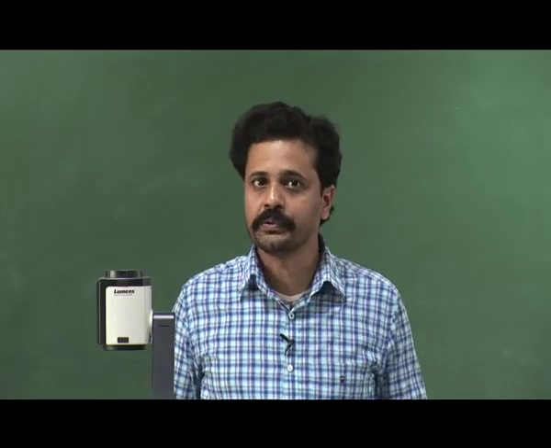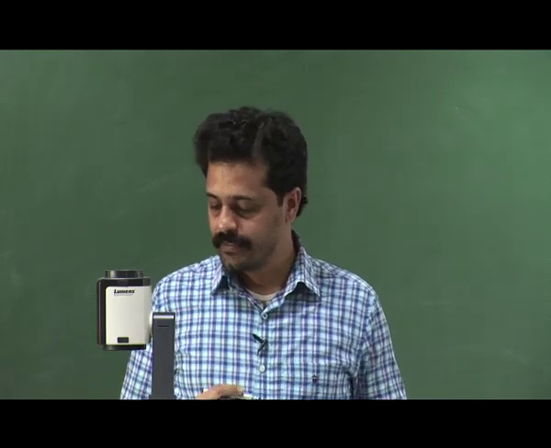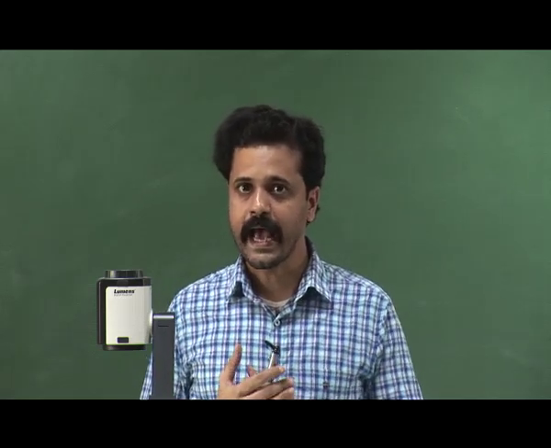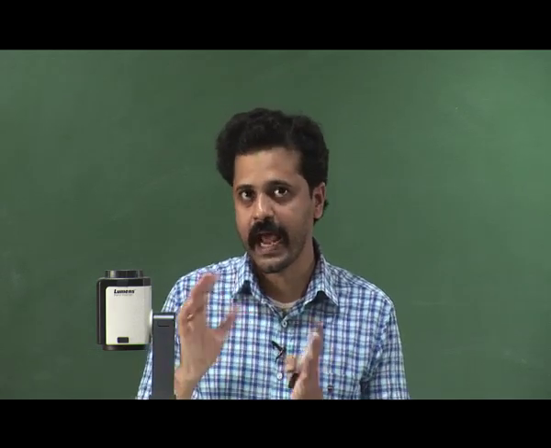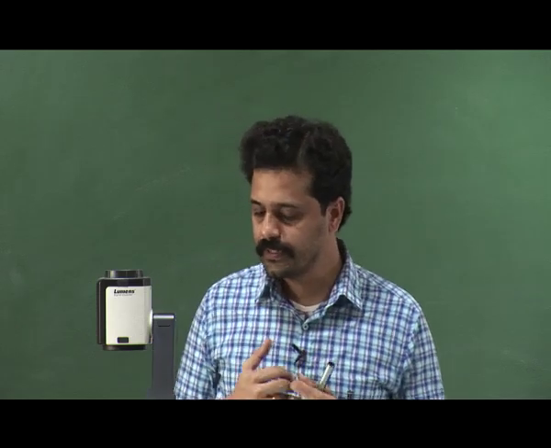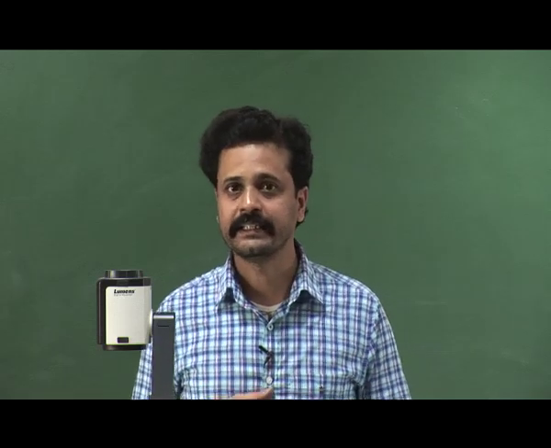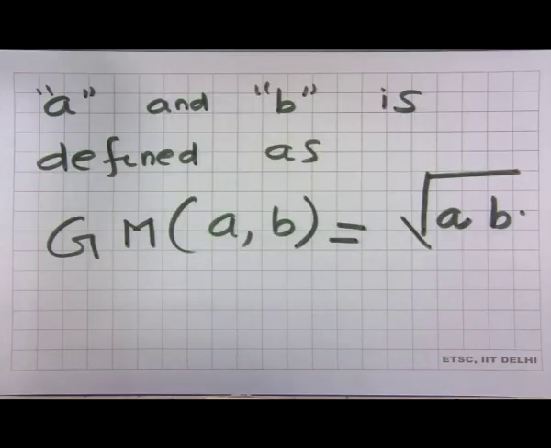This is similar to arithmetic mean. In case of arithmetic mean, we have addition and division. We add and divide by 2. Here you have multiplication and taking exponents, taking powers.